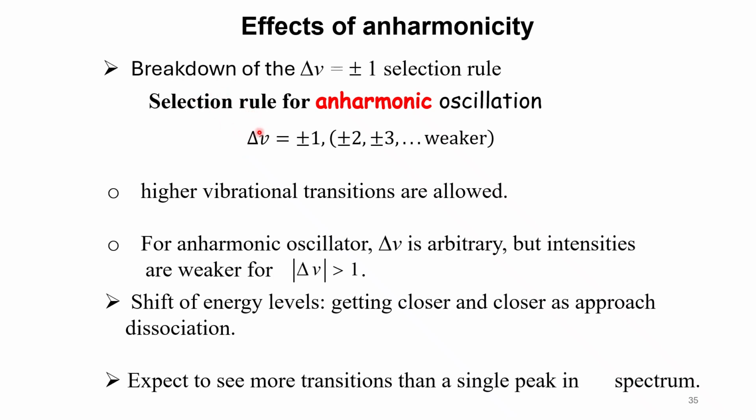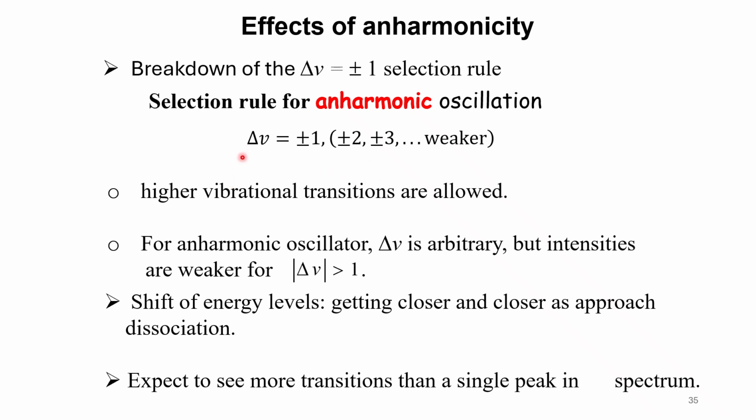We can see that the selection rule is no longer restricted to the change of vibrational quantum level either increased by 1 or decreased by 1. The selection rule for anharmonic oscillators allows changes which involve more than one quantum level.